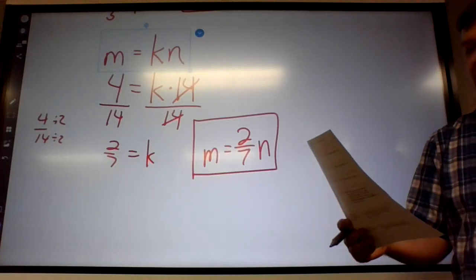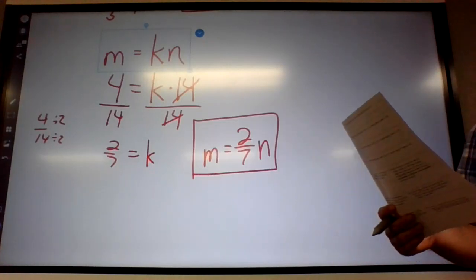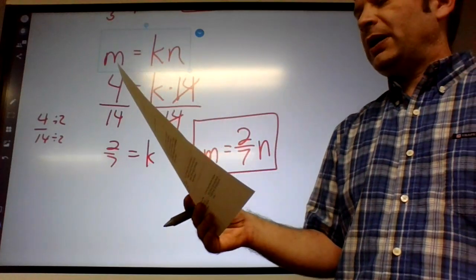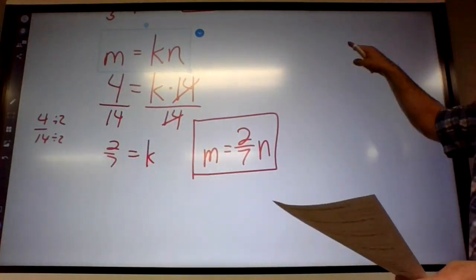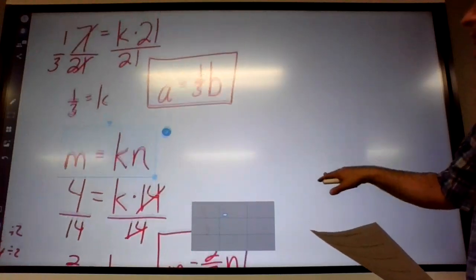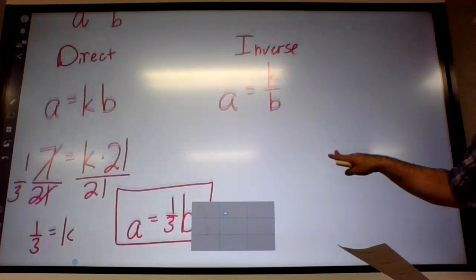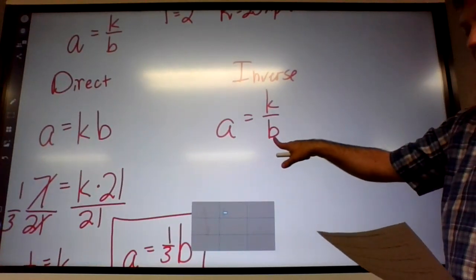Okay, on numbers 4 and 5, it says varies inversely. So I'm actually going to do number 4. If it varies inversely, what are we going to use? This one.